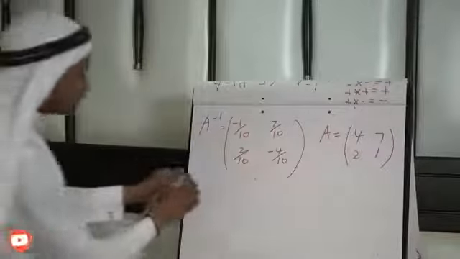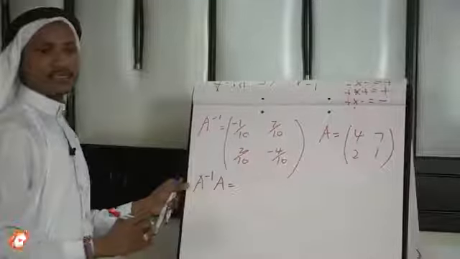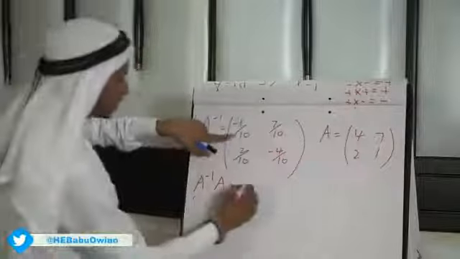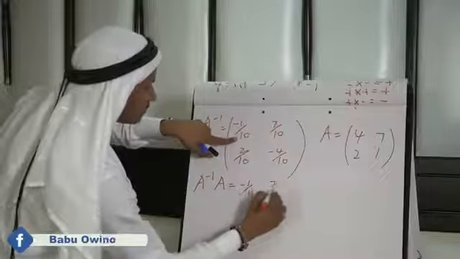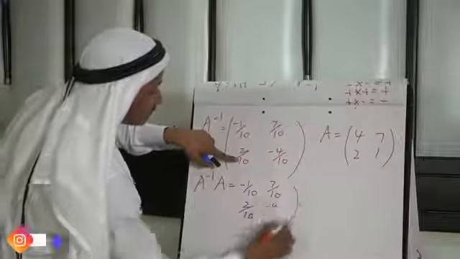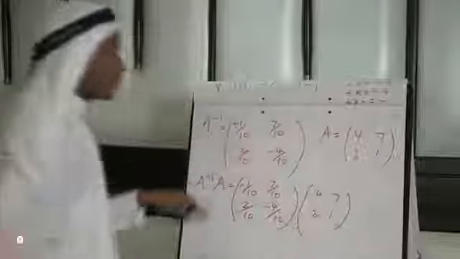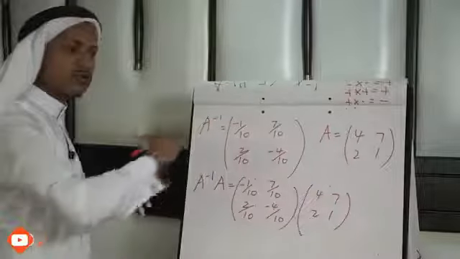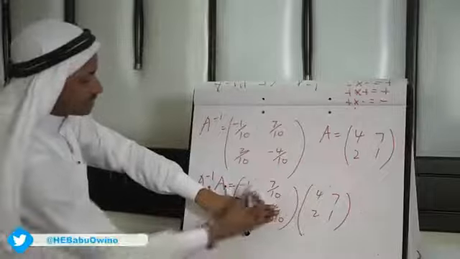So we want to multiply A inverse by A. What can we get? So let's multiply this by this. That is minus 1 over 10, 7 over 10, 2 over 10, minus 4 over 10, multiplied by 4 2 7 1. Class, be careful about the signs and how you multiply the rows and the columns. So you can temporarily cover that.